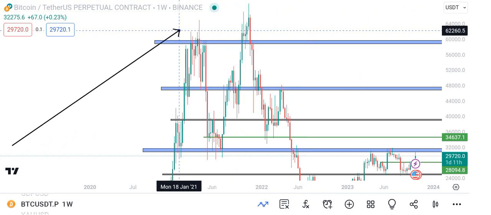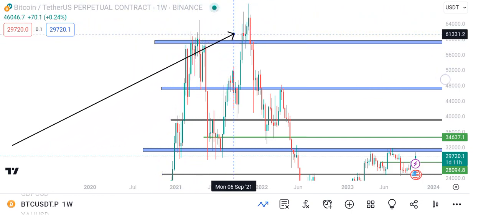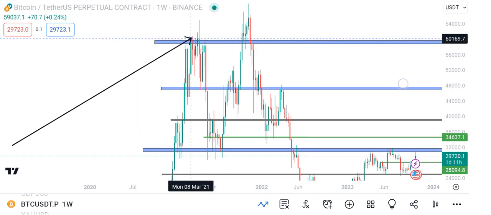But if you look closely, you're going to notice that the difference between this high and this high is not very significant. This actually means that the market was trying to create a double top, and a double top technically signifies a reversal pattern.